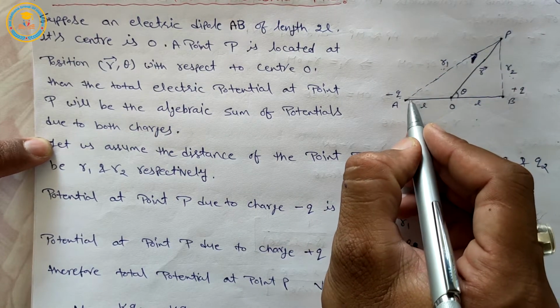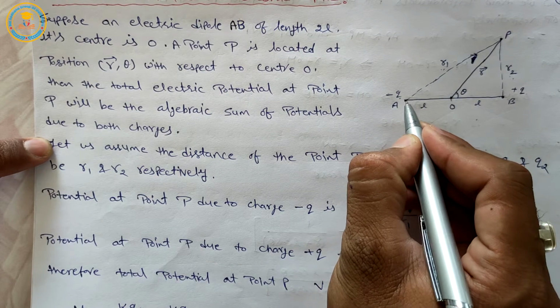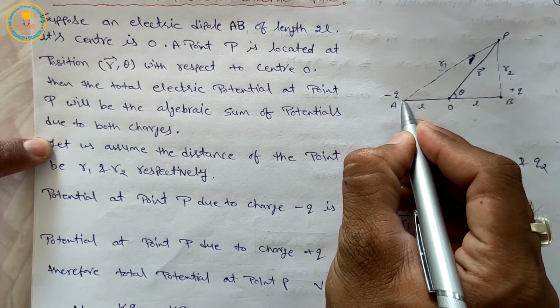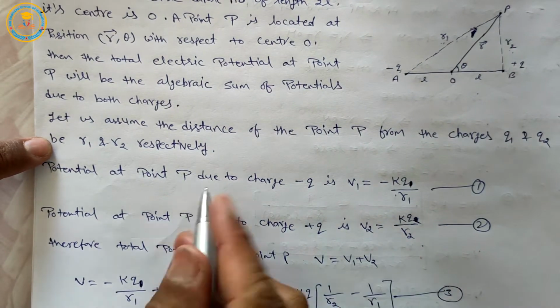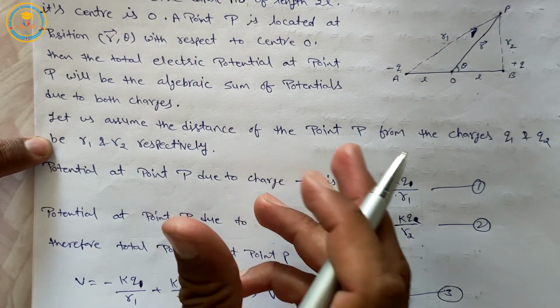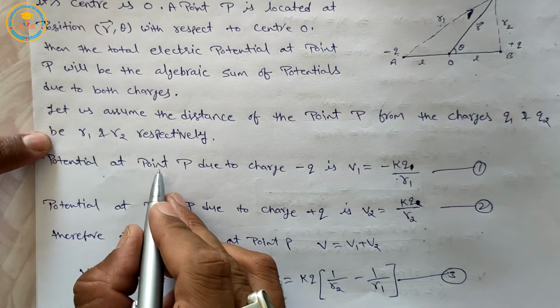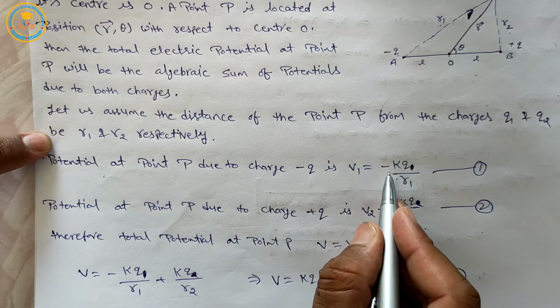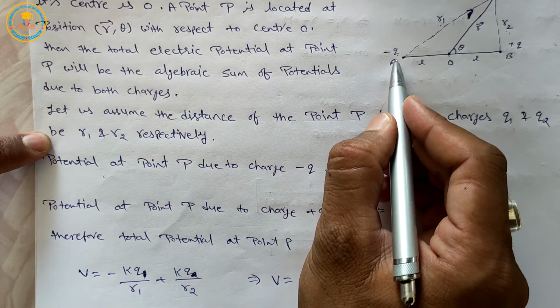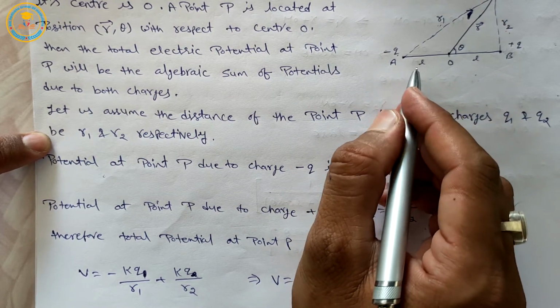So we determine the electric potential due to this single charge minus q at point P. We know that V is equal to kq upon r. So potential at point P due to charge minus q, suppose V1, is equal to, here negative charge, so potential will be negative.